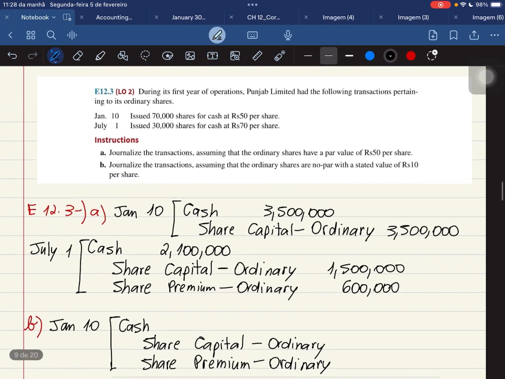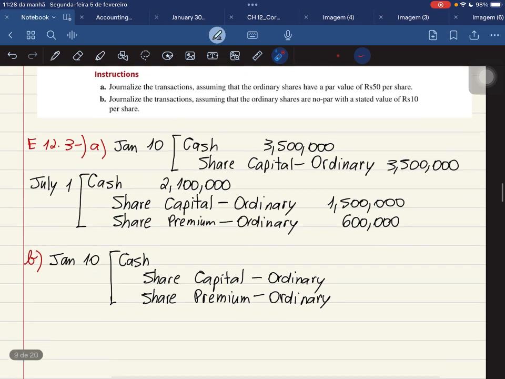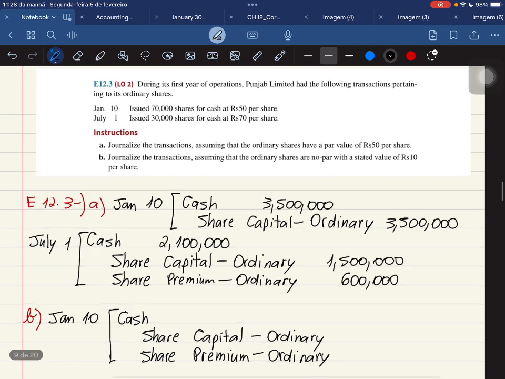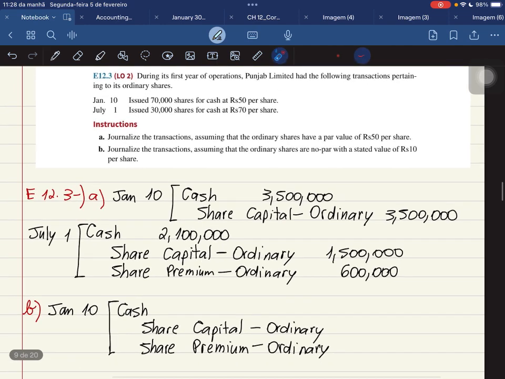Okay, so the cash is going to be the total number of shares multiplied by the amount that it was sold for. In this case it was 50, so it is 70,000 times 50.